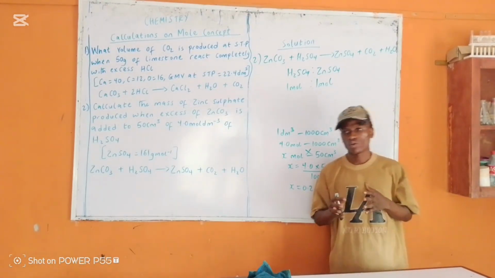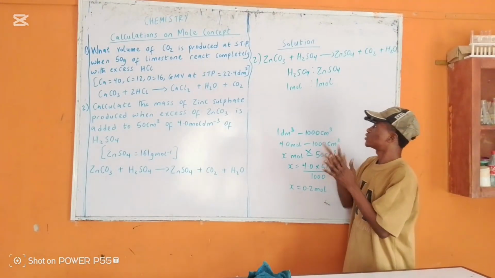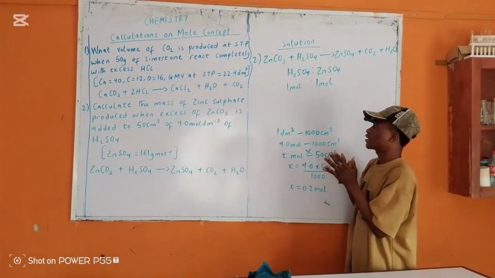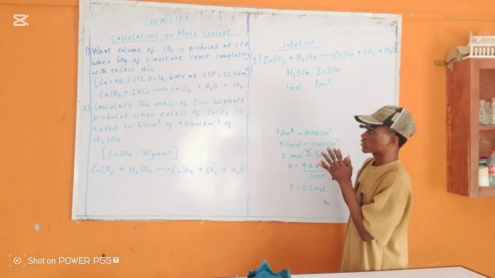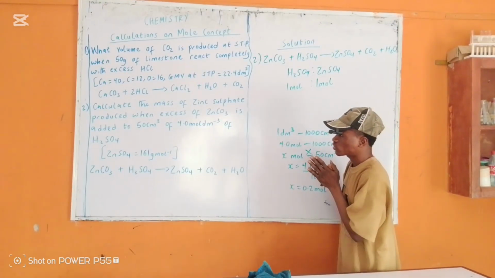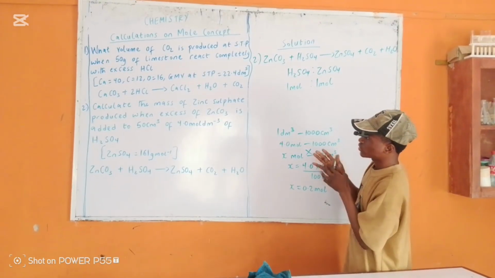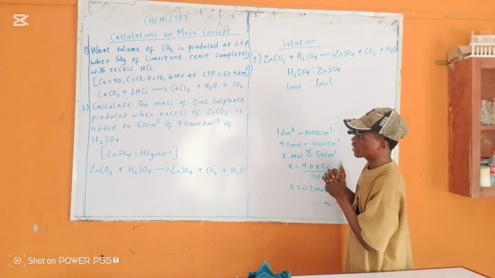So are we going to leave the unit here as mole, or do we convert it? We have to calculate zinc sulfate in mass.